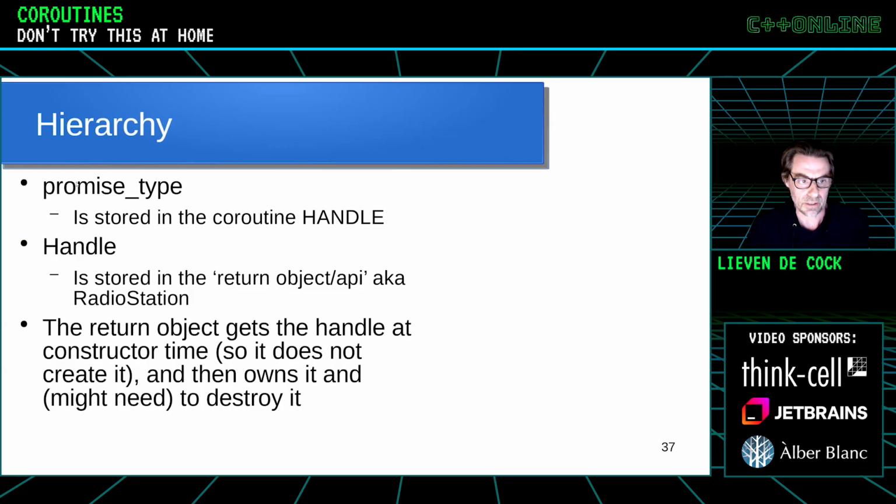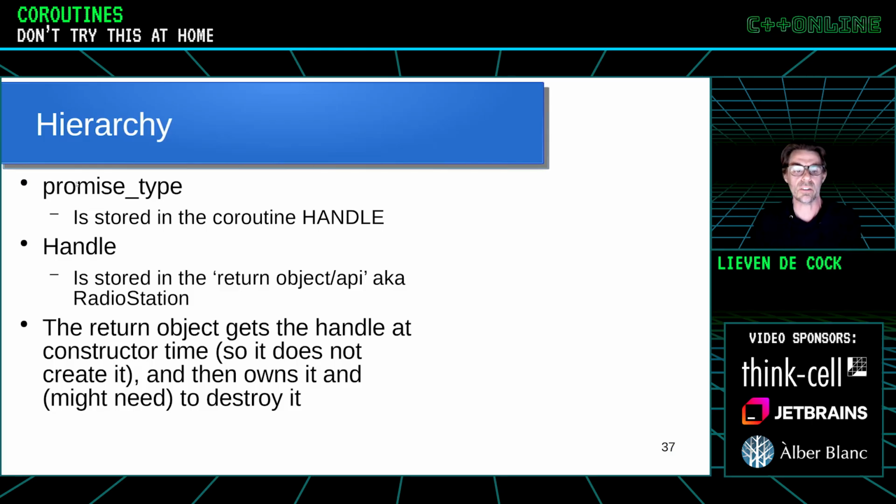Let's look at the hierarchy. We have our little promise type, which has, let's say, some configuration and also state. The promise type is stored in the coroutine handle. The coroutine handle, in the end, needs to be stored in our return object. The coroutine object, the coroutine API, aka our radio station class.